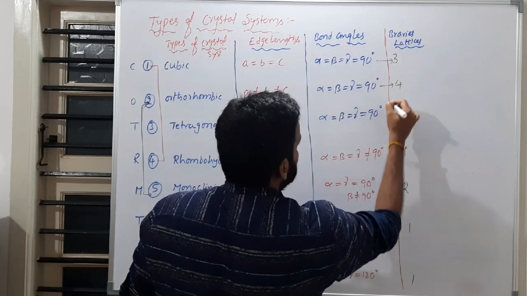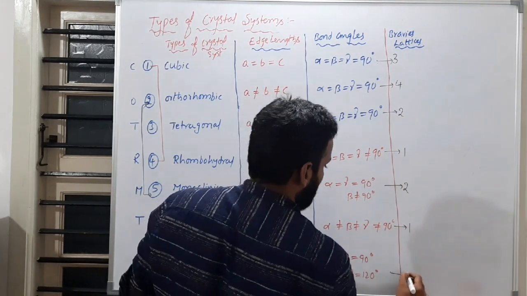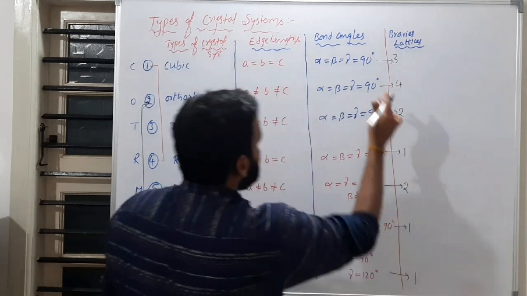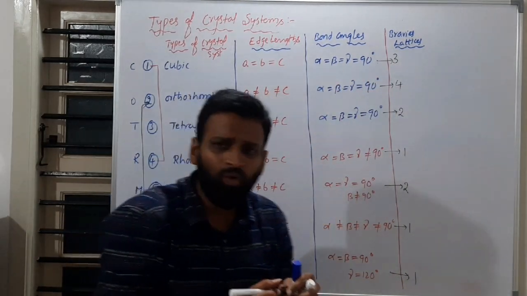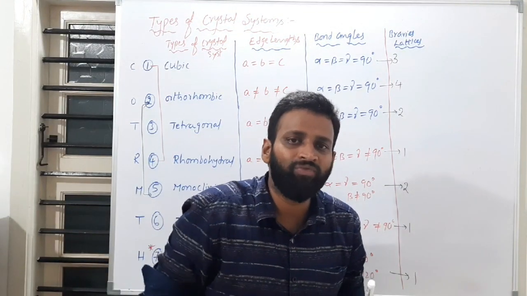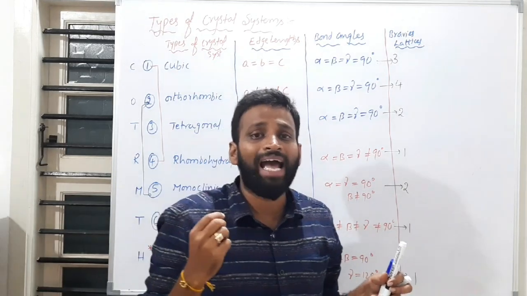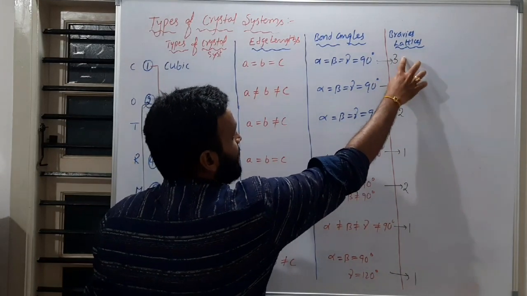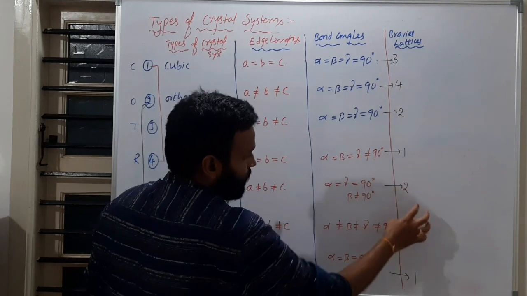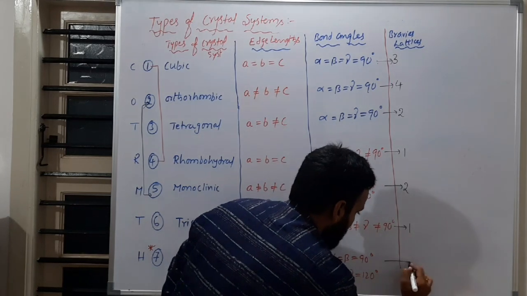So this cubic type of crystal system exists in 3 ways, and this orthorhombic exists in 4 types. On what basis will we divide them? On the basis of different positions of atoms or ions, we will divide these into 3 types, 4 types, 2 types, 1 type like this. And total how many?